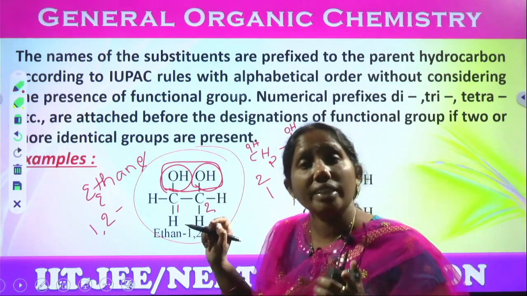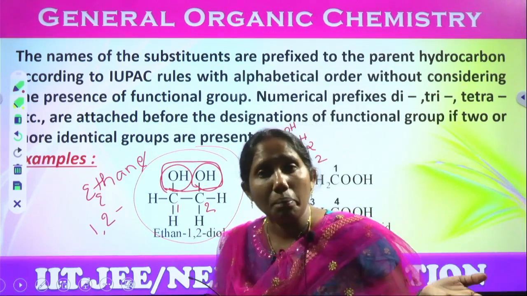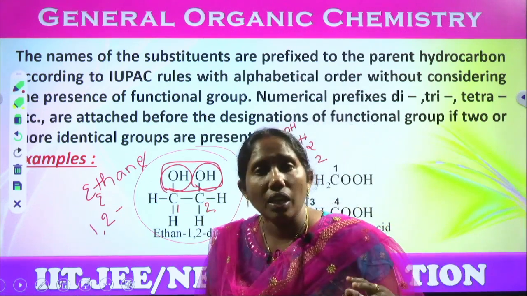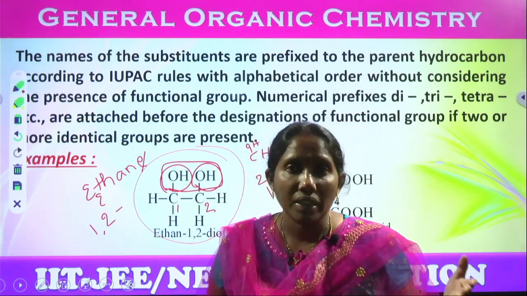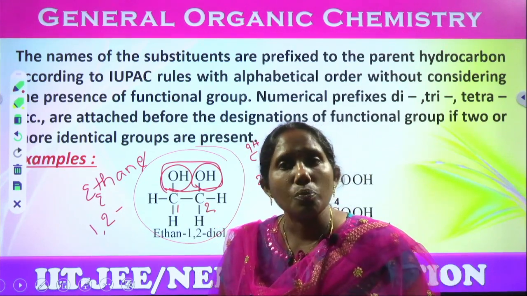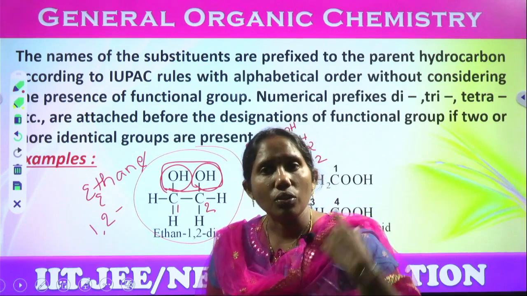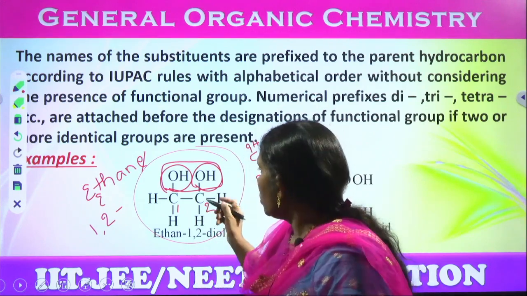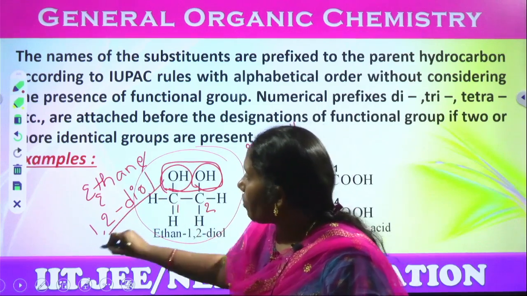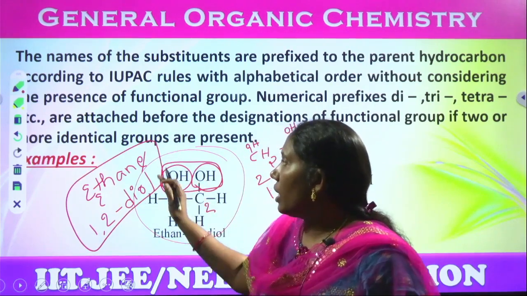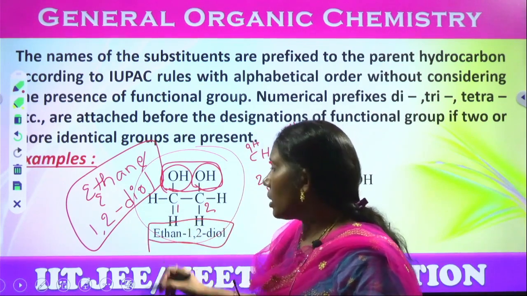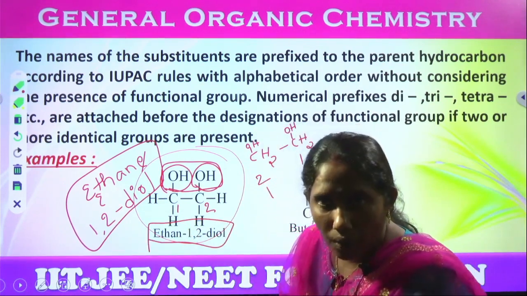So we have to take di. Like we have written previously, 2 alkyl groups repeated, dialkyl; 3 alkyl groups repeated, trimethyl. Like that only, here 2 alcoholic groups are present. So simply we have to write as diol. So diol is the suffix. So it is ethane 1, 2 diol, like we can write ethane 1, 2 diol.